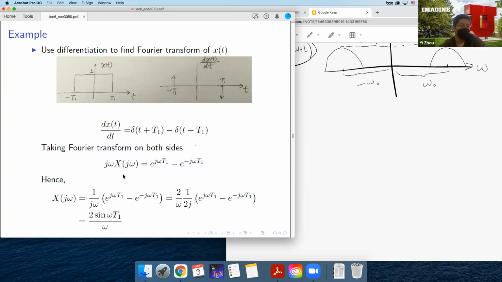We just solve this equation, you end up with this one, and then you can simplify it a little bit. So you end up with such a sinc type spectrum. Therefore, you don't have to go over the definition of the Fourier transform. You can avoid those calculations by leveraging these fundamental properties.